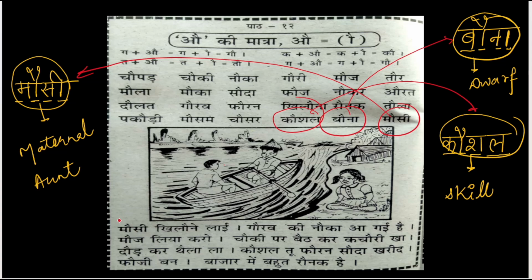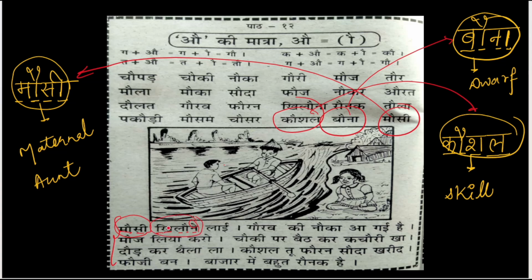Now we'll read this complete paragraph. So let's see. This is ma, mother of ao, sa, mother of badi e. Now it became mausi, ka, mother of choti e, ki, la, mother of ao, na, mother of a.